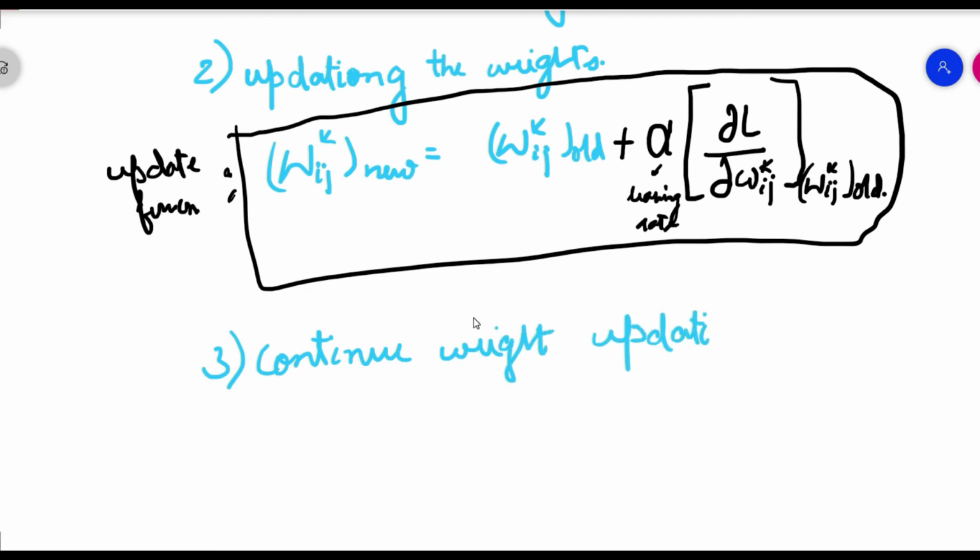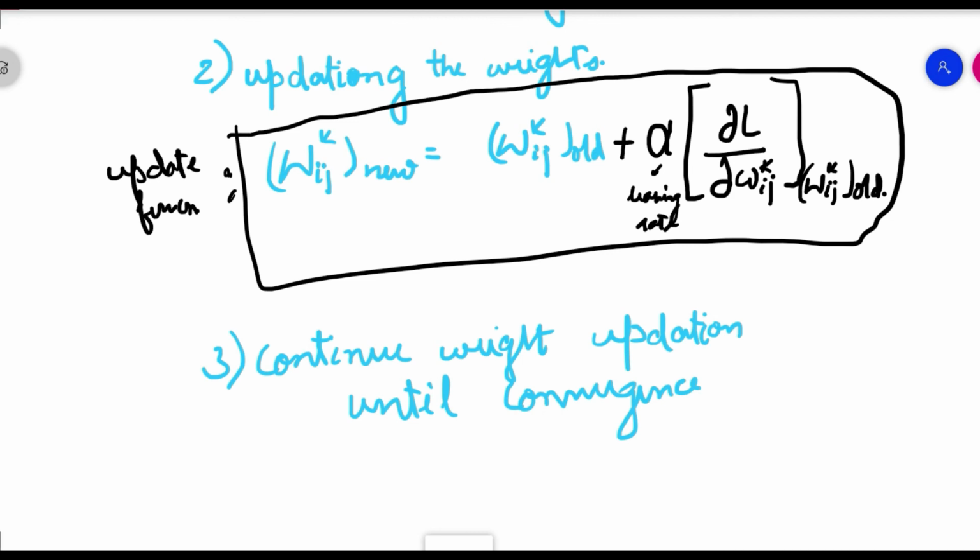Convergence, as I already defined, is the point where the new weight determined using this update function is the same as the weight determined at the last step and does not change significantly. So perform updates till the old and new values converge.